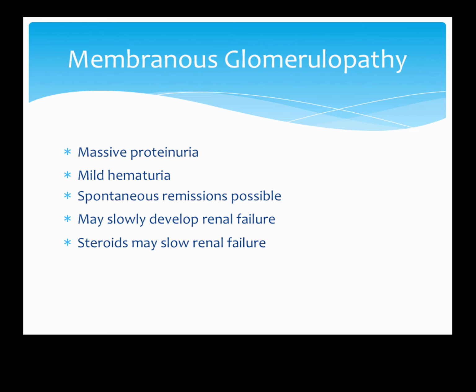Occasionally, patients with this disease will go into spontaneous remission, but usually this is a progressive disease process which slowly results in renal failure. Steroids, when given, may slow the progression of this disease process, but at the present time, no specific treatment is recognized as reversing membranous glomerulopathy.